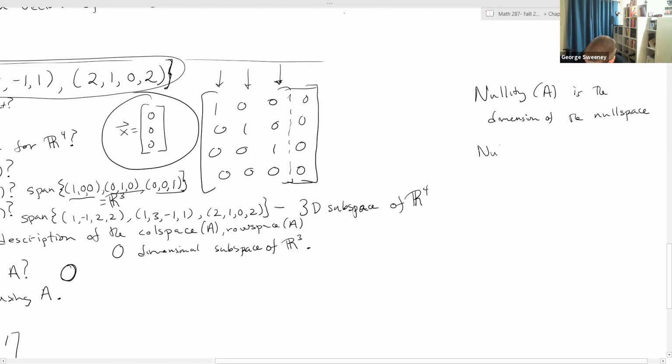So the null space of A equals 0 means that the null space of A is 0-dimensional. So that means that the nullity of A, or null of A as we write it, equals 0.